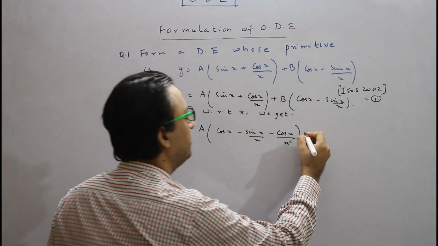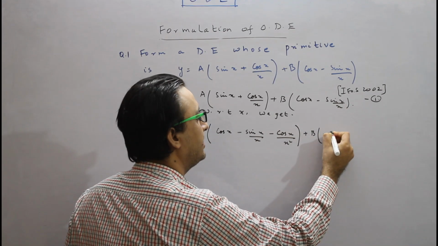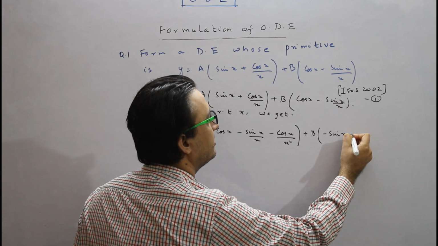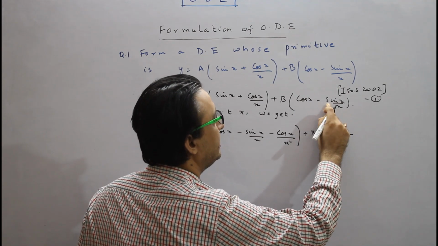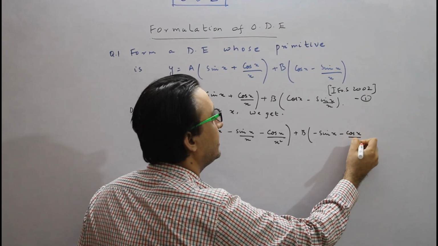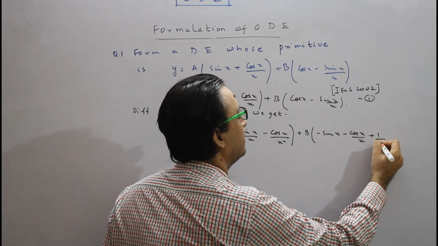For this part we will move on. Cos x differentiation is minus sin x. So this becomes minus of sin differentiation is cos, so this becomes cos x by x, and this minus minus becomes plus.